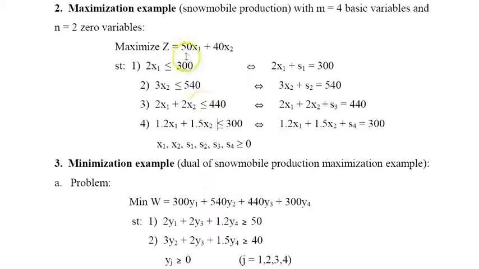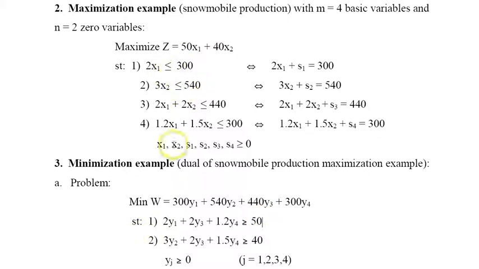So in my dual problem I have 4 variables, and I minimize 300 y1 plus 540 y2 plus 440 y3 plus 300 y4, and my constraints would be 2 y1 plus 0 y2 plus 2 y3 plus 1.2 y4 greater or equal to 50. So that's where the 50 comes from.